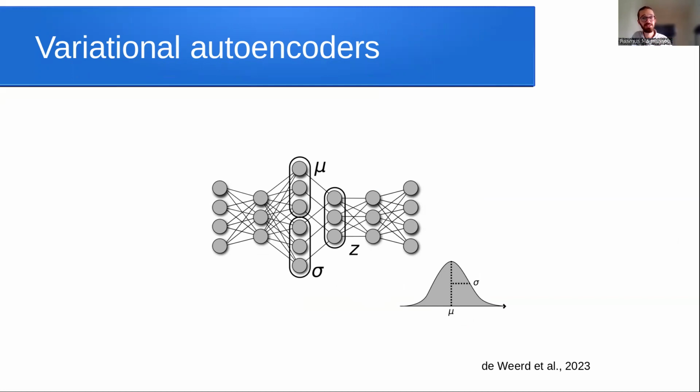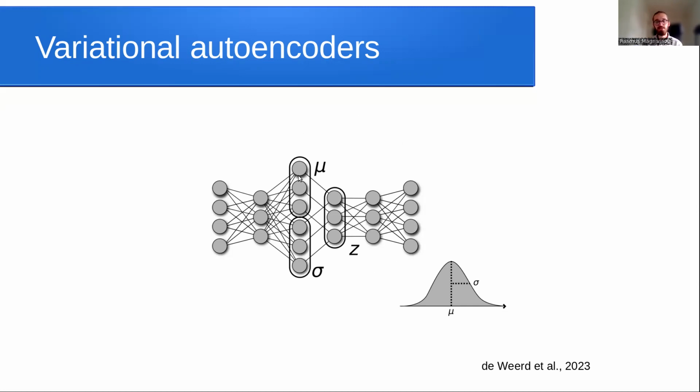In summary, a variational autoencoder is just an ordinary autoencoder, but instead of having one value per variable in the latent space, in the hidden layer, you actually have two values. So instead of having one value, you have a distribution.